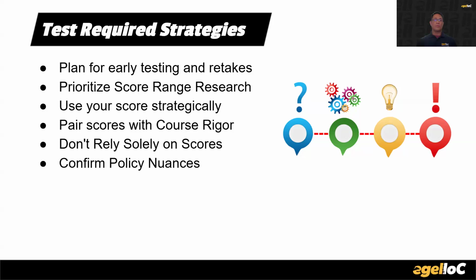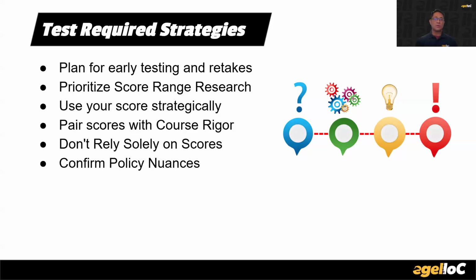Again, you want to use the official practice tests to simulate conditions and identify weak areas early on. Okay. Also, you want to make sure that you prioritize score range research. What I mean by that is you want to research the schools and find out what their range is, and make sure that your score is in the middle 50% or higher.